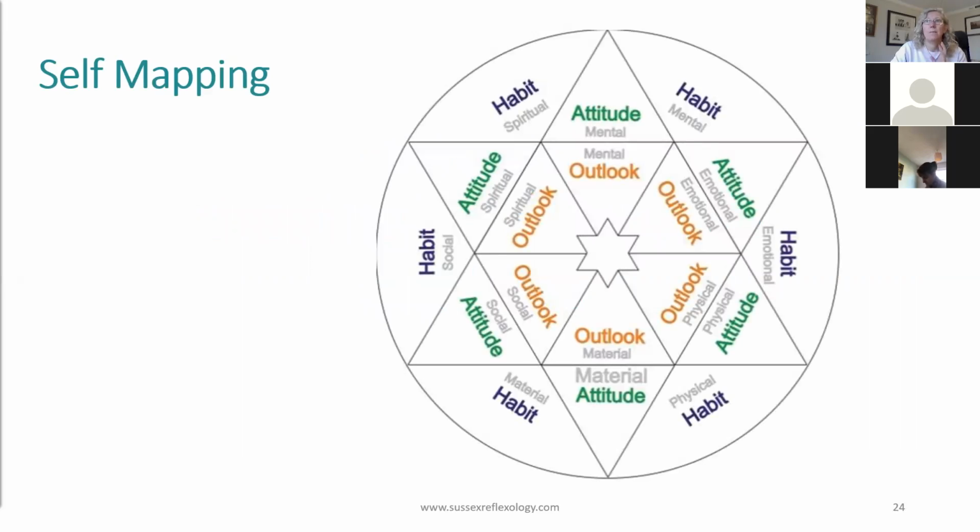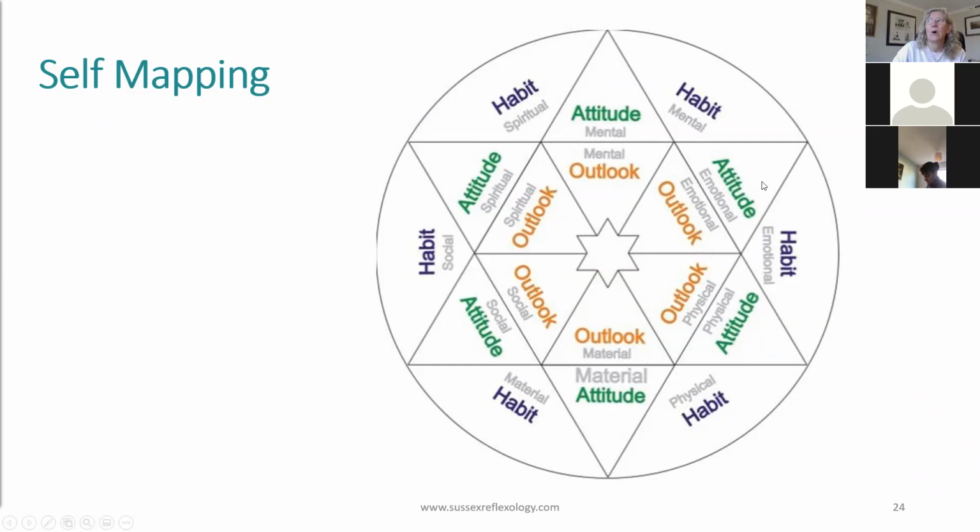So with the self-mapping, we start with the greens here. Where's my little cursor gone? Okay, there we go. So we start with what's our mental attitude when we're not being who we want to be.